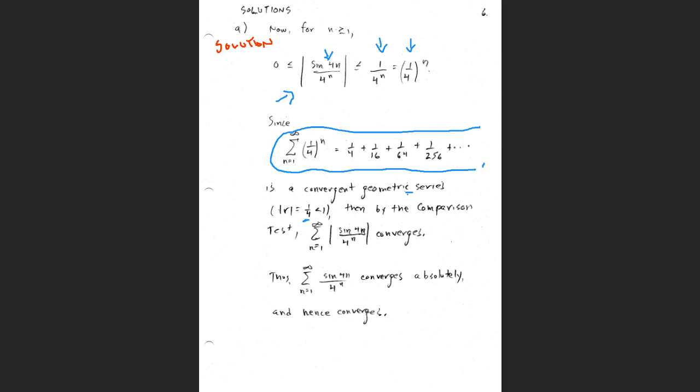Therefore, by the comparison test, the series from n equals 1 to infinity of the absolute value of sine of 4n divided by 4 to the nth power has to converge. This means then our series converges absolutely and therefore converges.